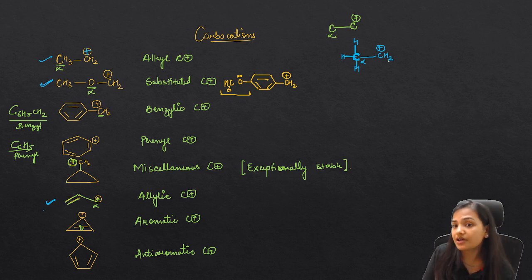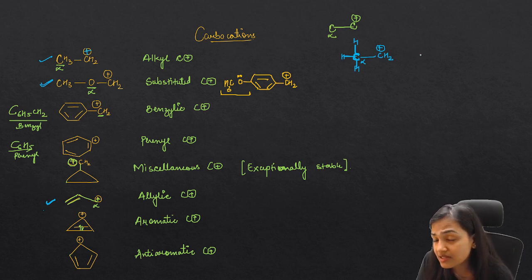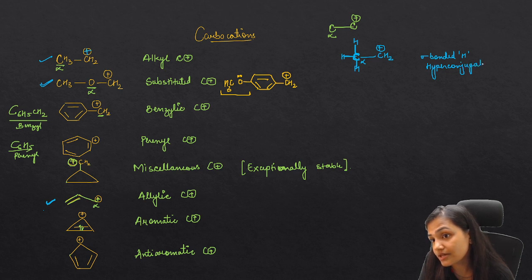Because of these alpha hydrogens, there will be sigma bond resonance, that is hyperconjugation, and ultimately this leads to stability. So which factor is applying here? The sigma bonded hydrogen, that is hyperconjugation. By hyperconjugation this is getting stabilized. There are three alpha hydrogens to stabilize this.